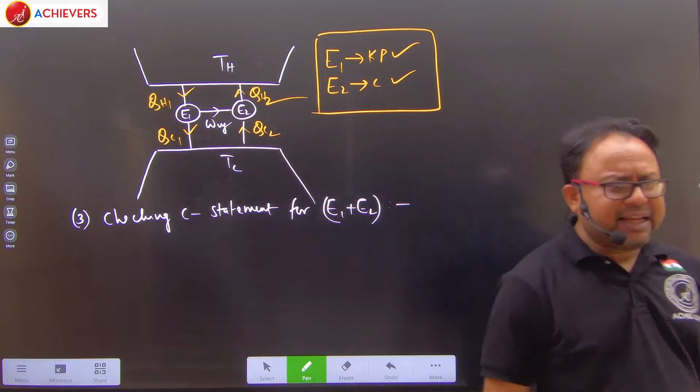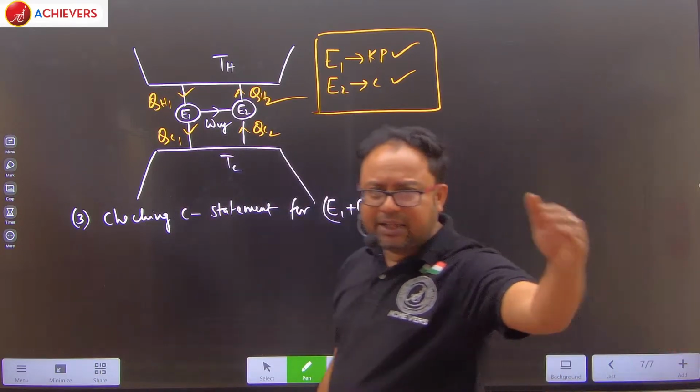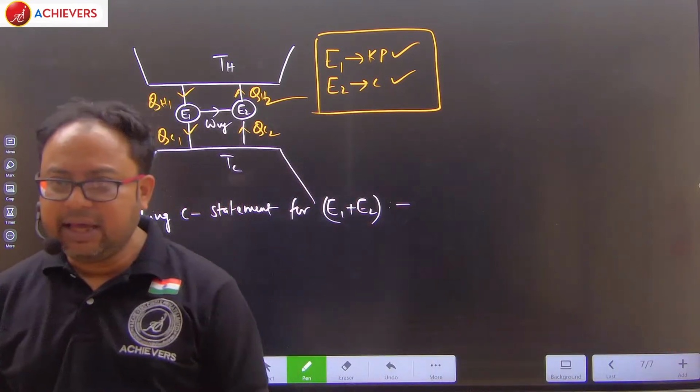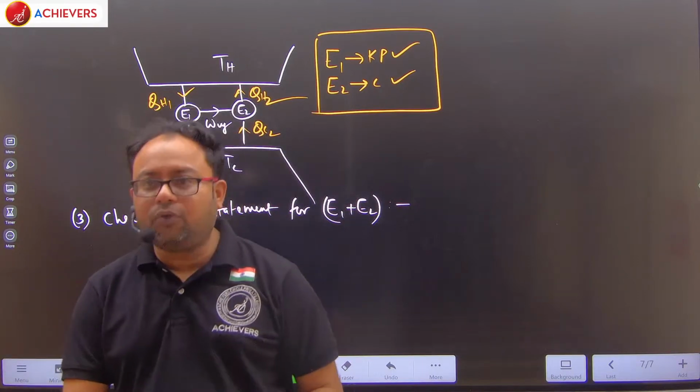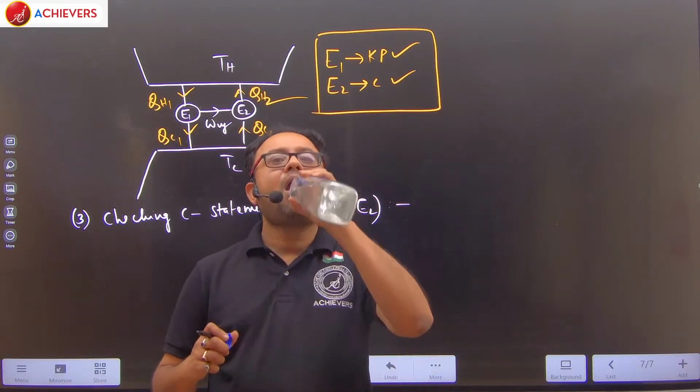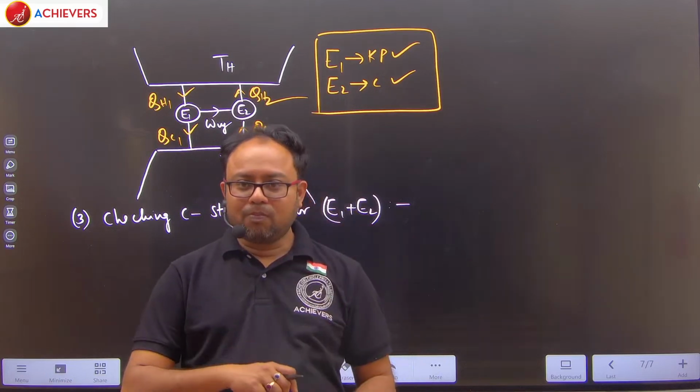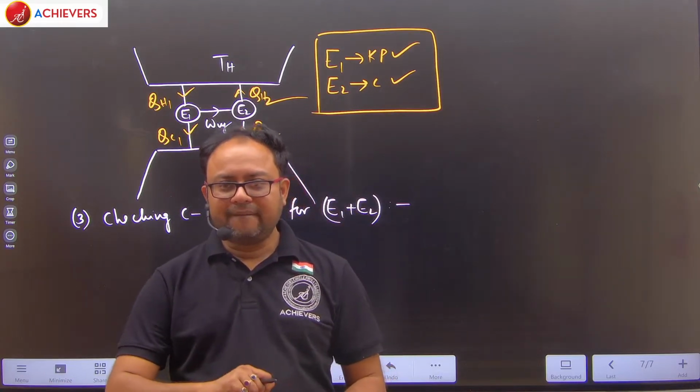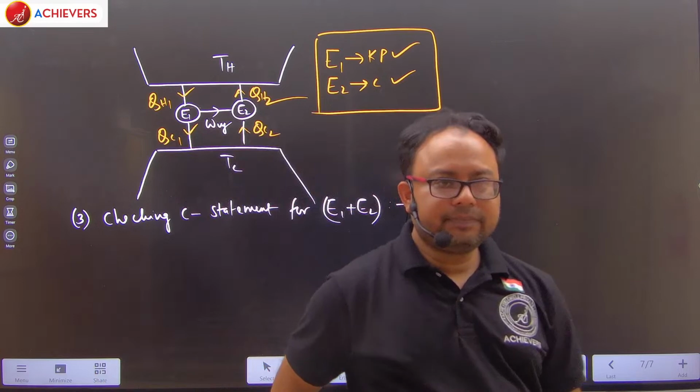Here it is quite expected that as E1 is following Kp and E2 is following C, E1 plus E2 is ought to follow both Kp and C. Now we'll check this.